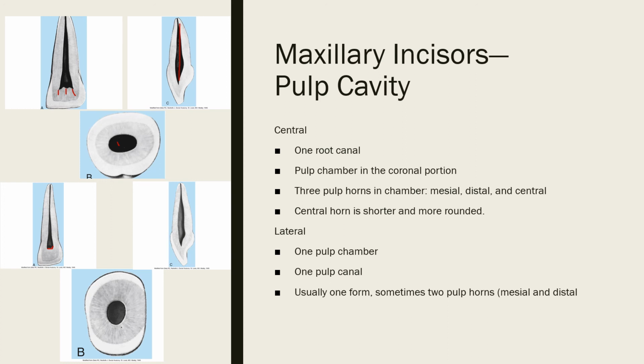I believe that wraps up the maxillary laterals. I also just want to mention what's happening with the maxillary central incisors. Often patients get a diastema in there from a low frenal attachment.